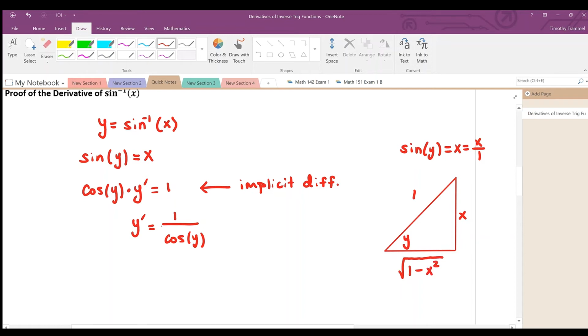Okay. And so what that's going to allow us to do is use this triangle here to now compute cosine of y. And cosine of y is supposed to be adjacent over hypotenuse. So if we take that adjacent side to y, that'd be this.